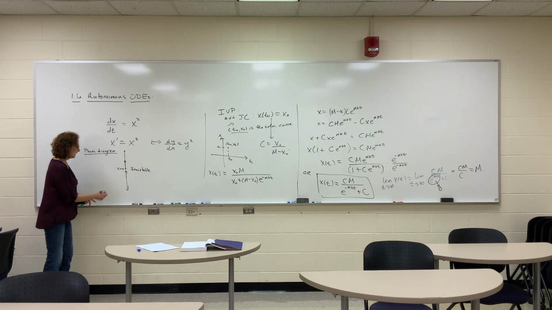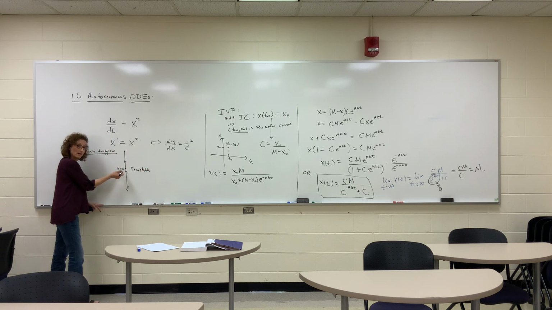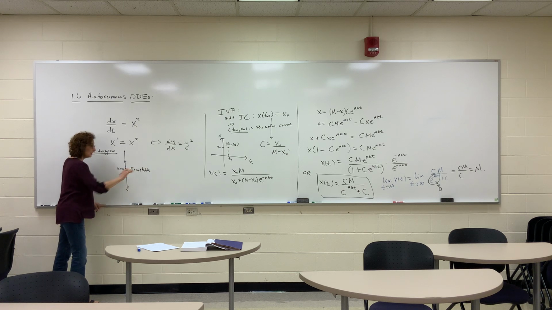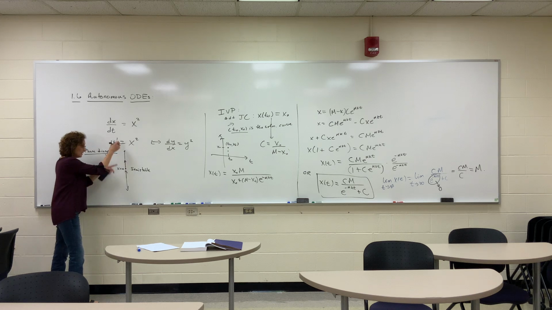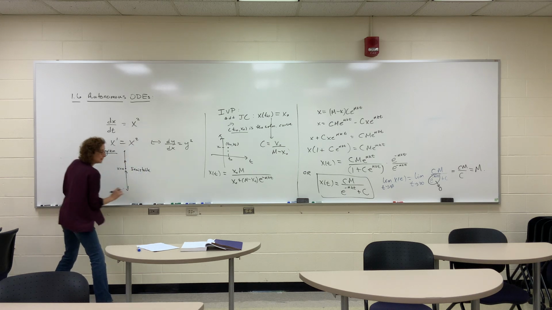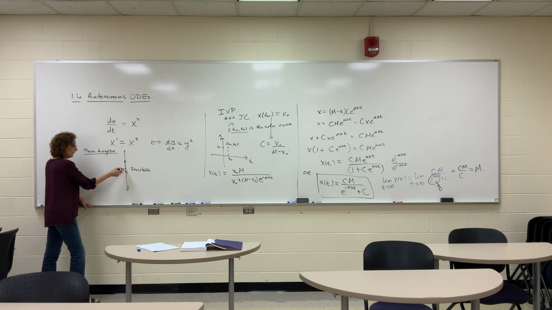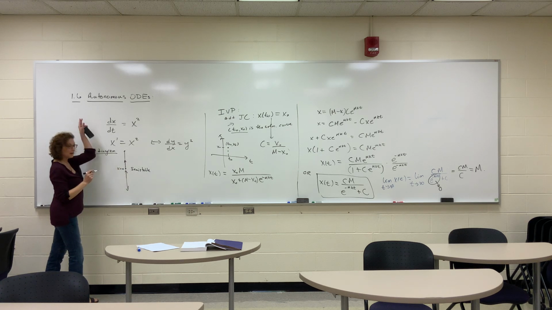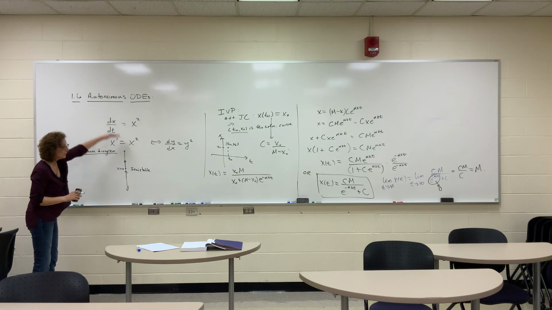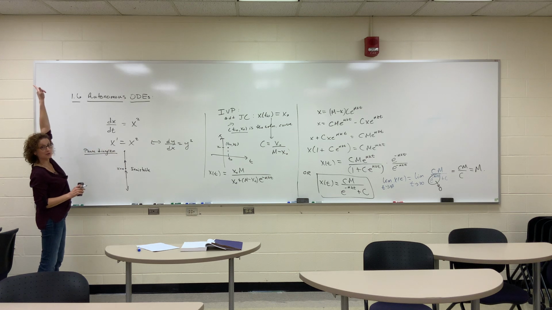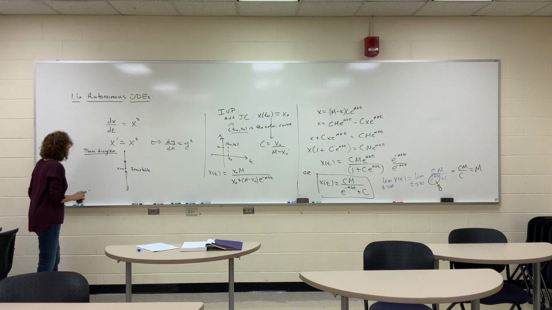If x starts negative, you go towards 0 as t goes to infinity. Remember, this is one little slice and everything is the same with t, because there's no t on the right-hand side. But if you're a little bit away from 0 and positive, you grow. Solutions move away. That's not good.